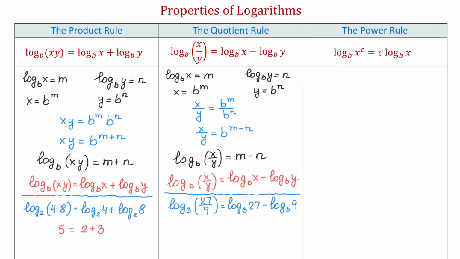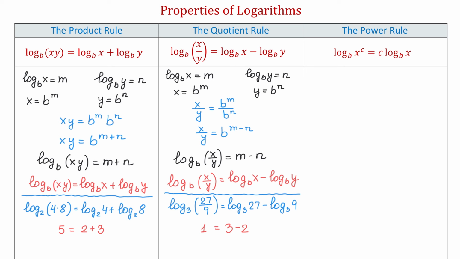That would be 1. So the left side is equal to 1. Now on the right side, 3 to what power is 27? That is 3. And 3 to what power is 9? That is 2. Then on the right side, we will have 3 minus 2, and that is equal to 1.